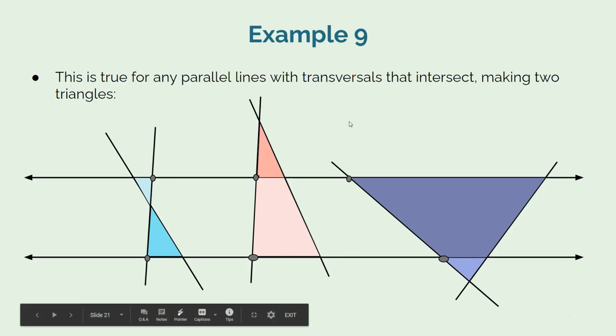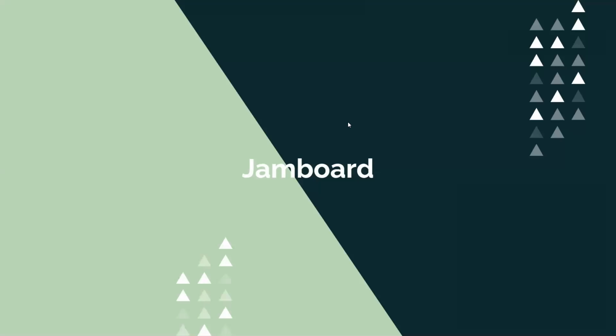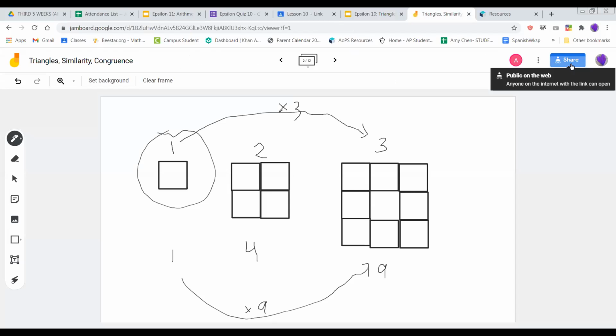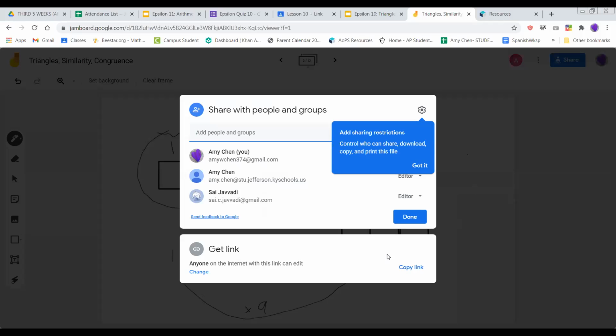And now we have run out of time to do a Jamboard, but maybe we can do one question. We may be able to get one question in.